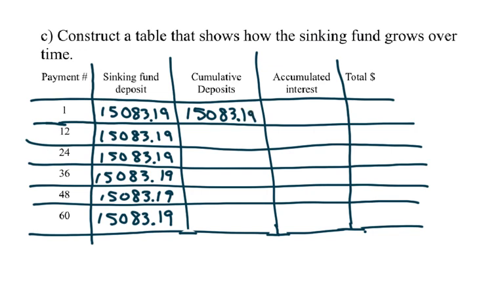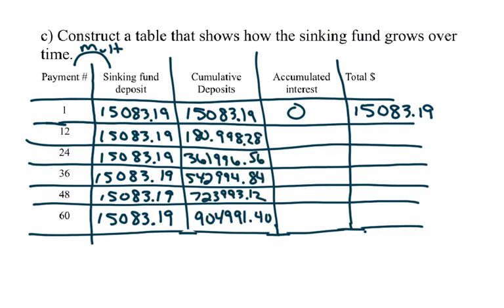There's no interest accumulated just yet. So then our total is $15,083.19. Now to find the cumulative deposit column, you're just going to multiply these two columns together in order to get the cumulative deposit.